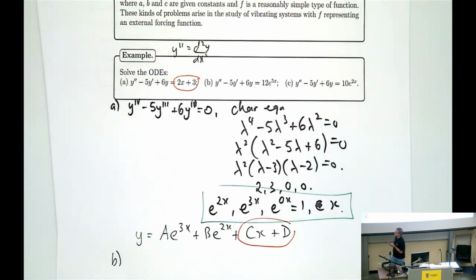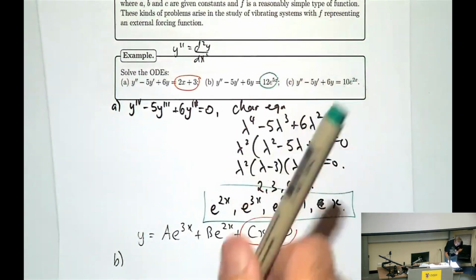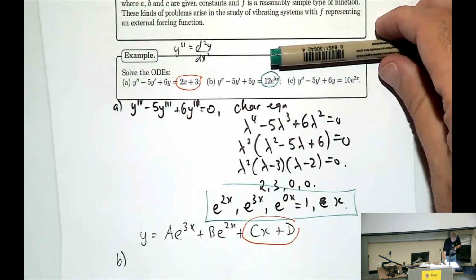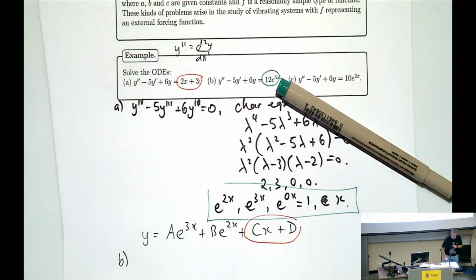Part B. If I was to copy that method to part B, how can I annihilate this thing? By differentiating it. Can I do it in the same way that I did it in part A?